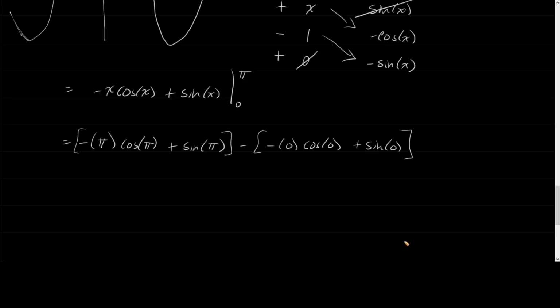So what do we get here? Sine of pi is 0. 0 times cosine of 0, well, cosine of 0 is 1, but 1 times 0 is 0. Sine of 0 is 0. So I get negative pi times cosine of pi. Cosine of pi is negative 1. So my answer there is just pi.